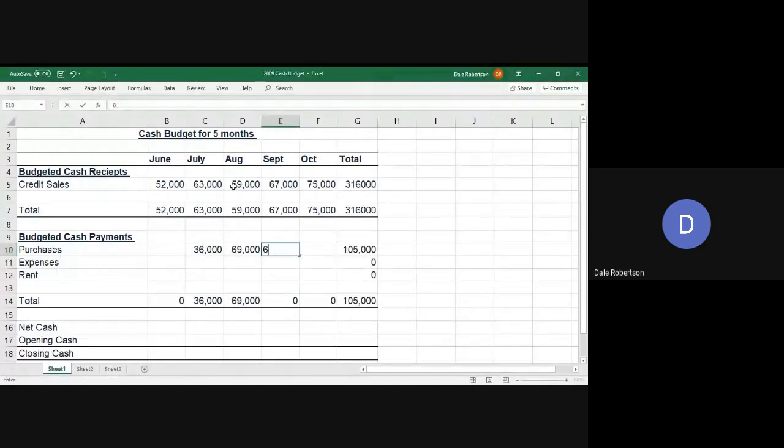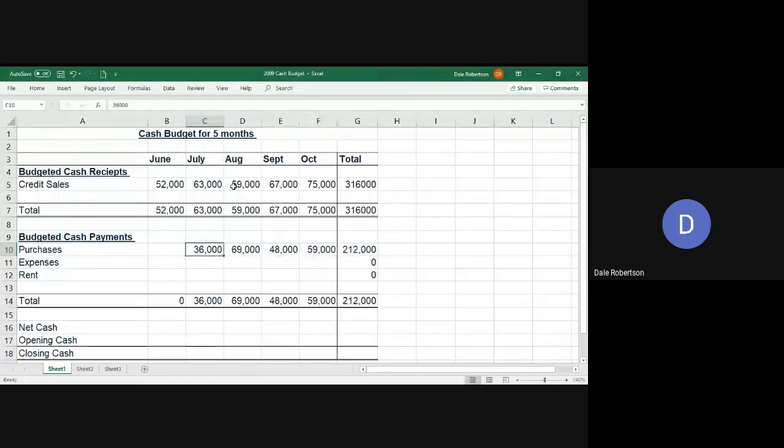So therefore, it's 66 minus 18, which is 48,000, the credit purchases that will be paid for in September. We're basically moving 18,000 from September back to the month we bought, which is August. And then finally, October, we can go back to our normal pattern, which is 59,000 was bought in September and will be paid for in October, 59.